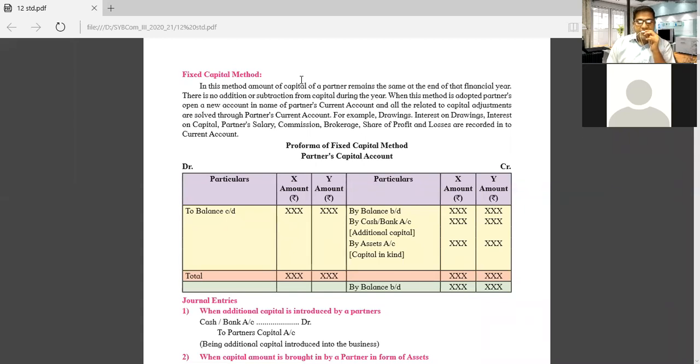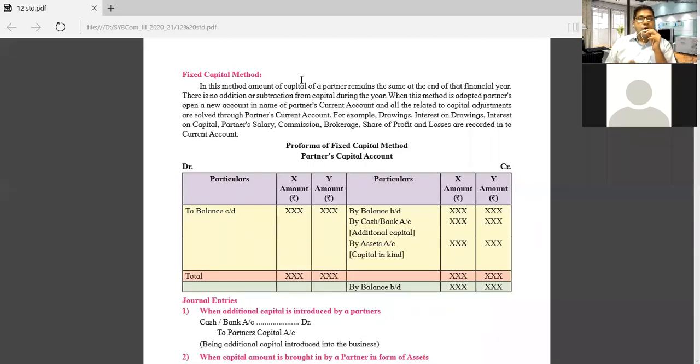Whenever the partnership firm implements the fixed capital method, they will open the current account.